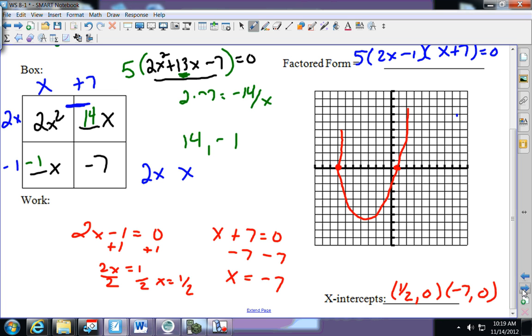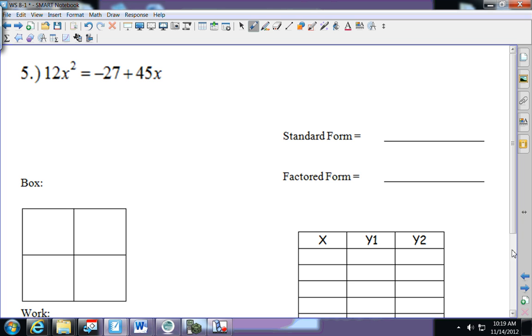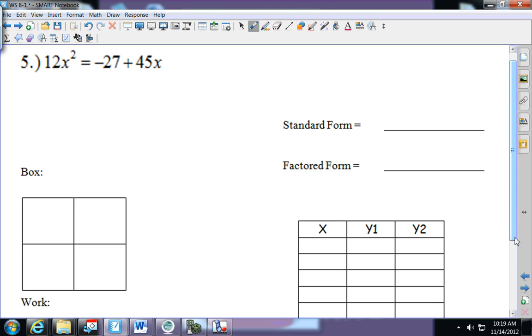Let's try the next one. Okay, pause the video if you haven't done it yet and try it now. You're going to want to make sure that you keep your x squareds positive. It's just a lot easier that way. So we're going to add 27 to each side. I get 12x squared plus 27 equals, oops, not negative, positive 45x.